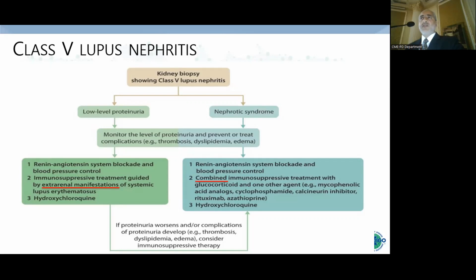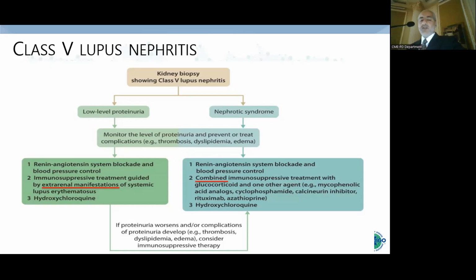If the patient is having nephrotic syndrome, nephrotic range proteinuria, more than 3.5 grams per day, RAS blockade is recommended for controlling blood pressure and reduction of proteinuria, together with combined immunosuppression with oral glucocorticoids. Initially, patients have induction with methylprednisolone, then continue oral steroids for long term as in class 3 or class 4.